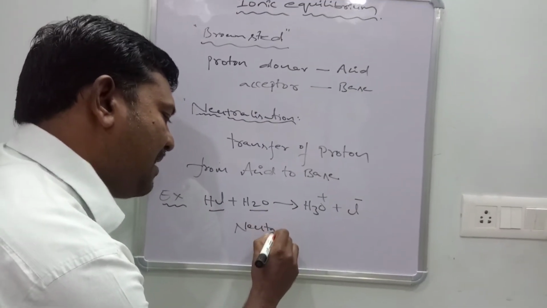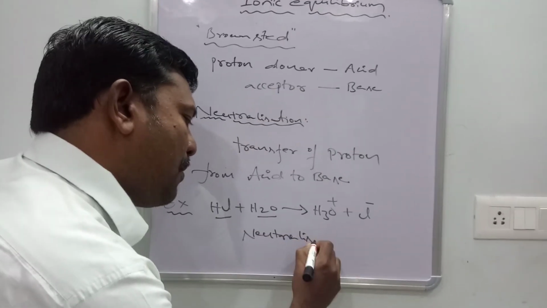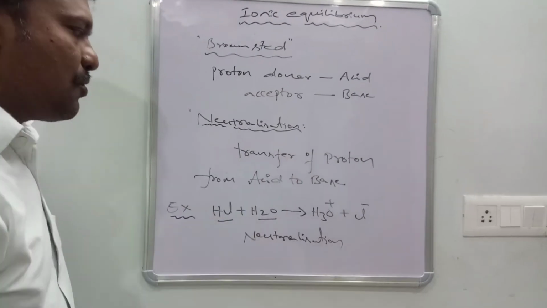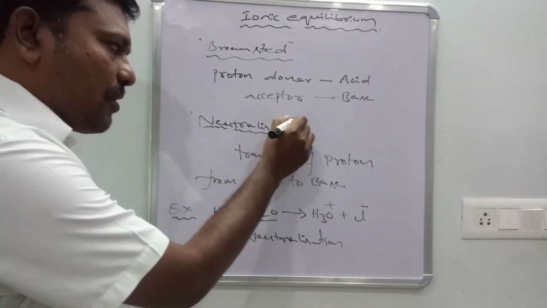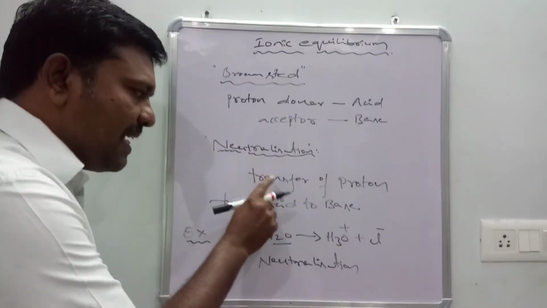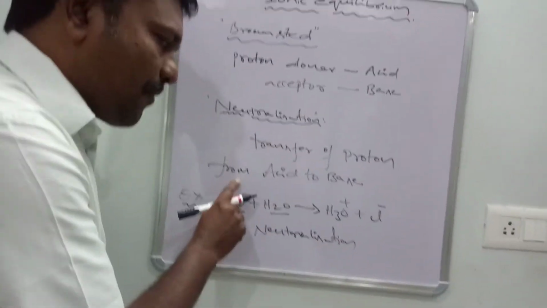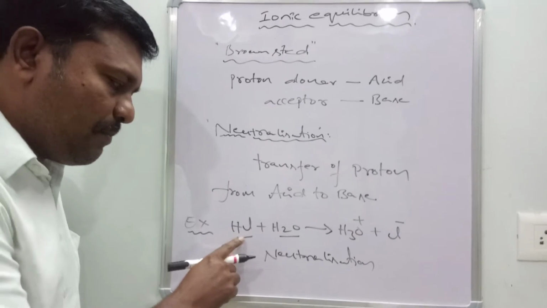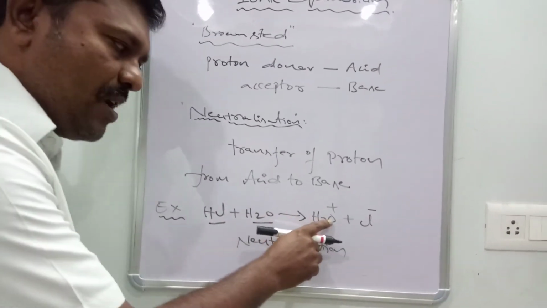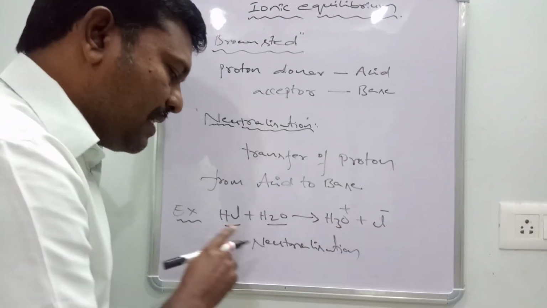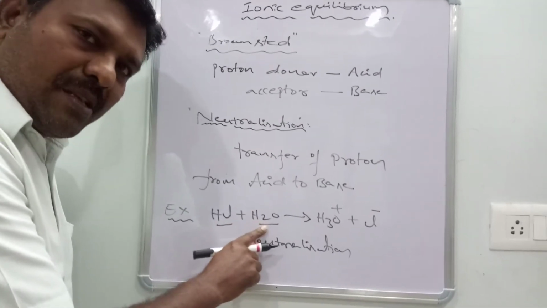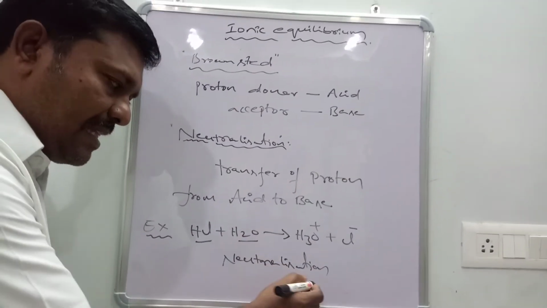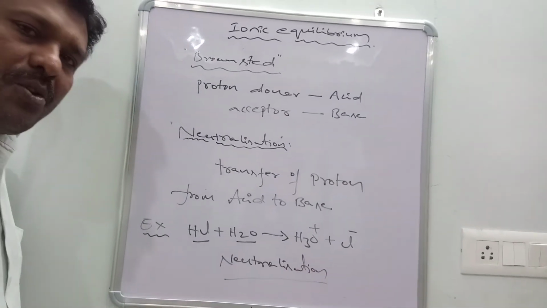Carefully observe: what's the meaning of neutralization? Transfer of proton from acid to base is known as neutralization. In the given example, HCl is the acid, H2O is the base, and one proton is transferred from acid to base. That is known as neutralization.